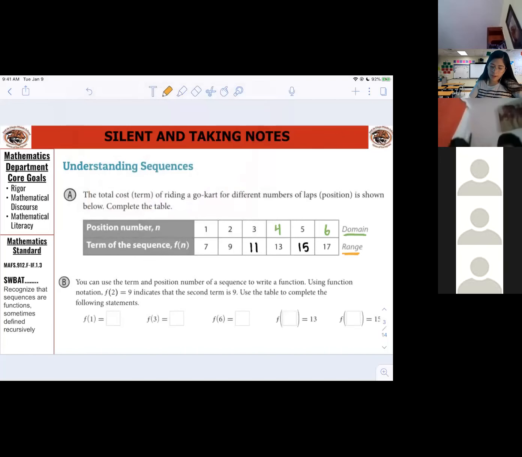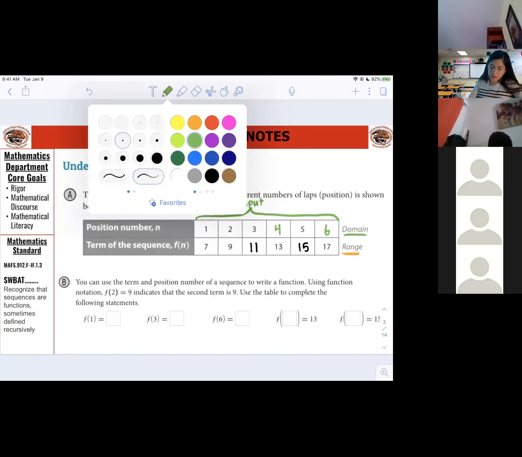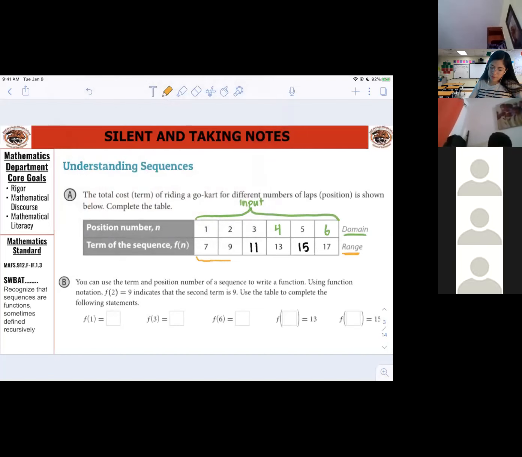Good, the domain is my inputs. So all of these position numbers are my input numbers, and then the terms are my output. So again, it's very similar to a function. So since they're kind of like functions, we can use function notation to evaluate all of the different terms.